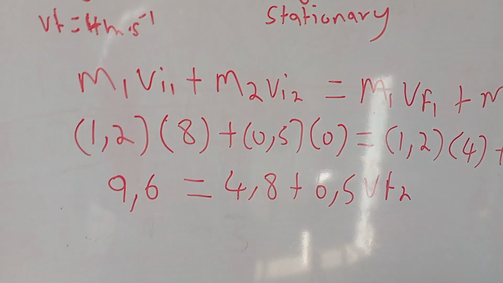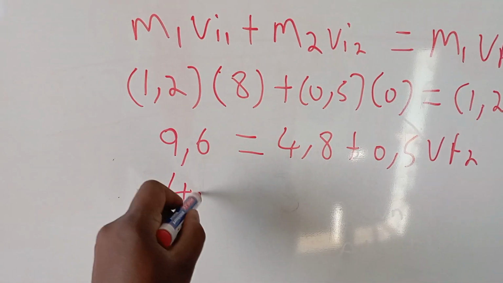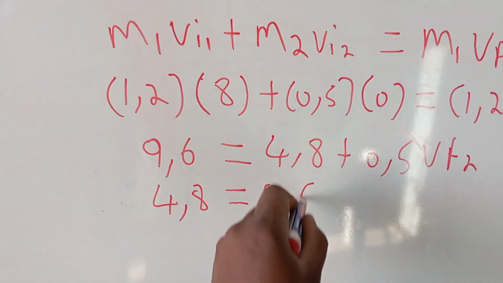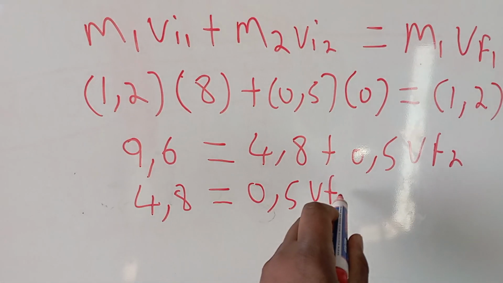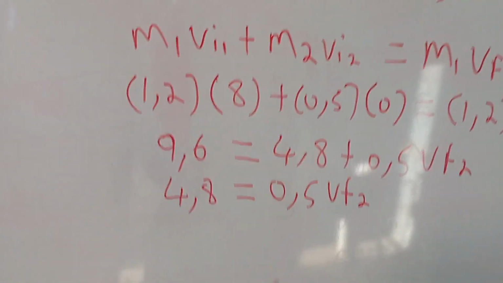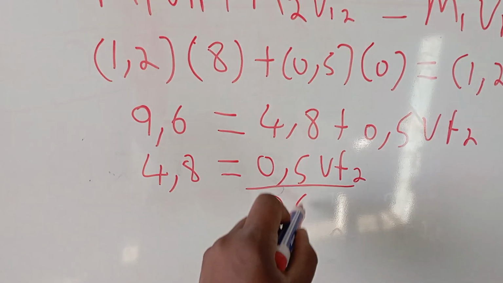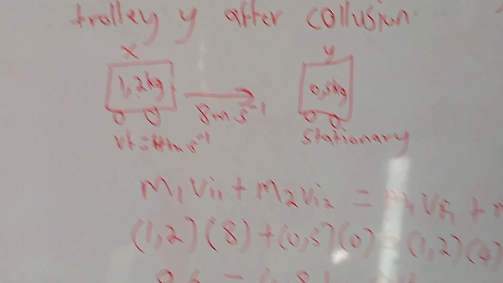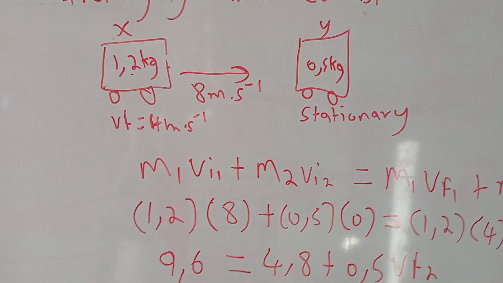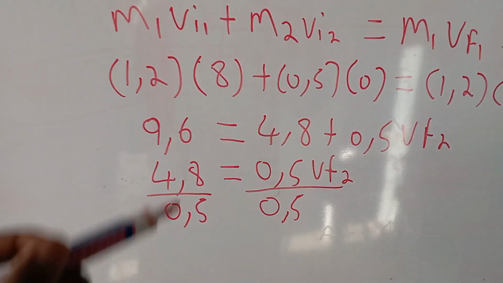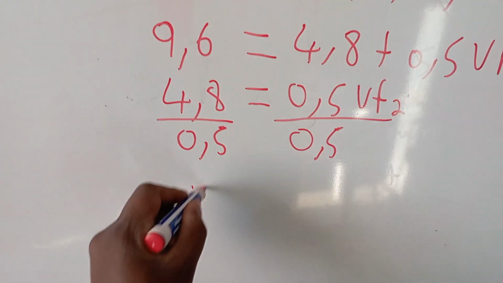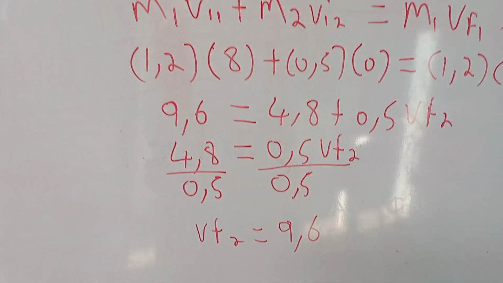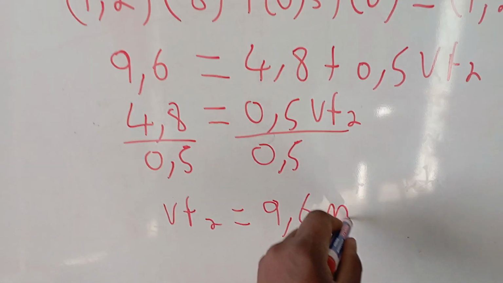Then 9.6 minus 4.8 gives 4.8, which equals 0.5 VF2. Then we divide this by 0.5. So VF2 is going to be 9.6, because 4.8 divided by 0.5 is 9.6 meters per second.